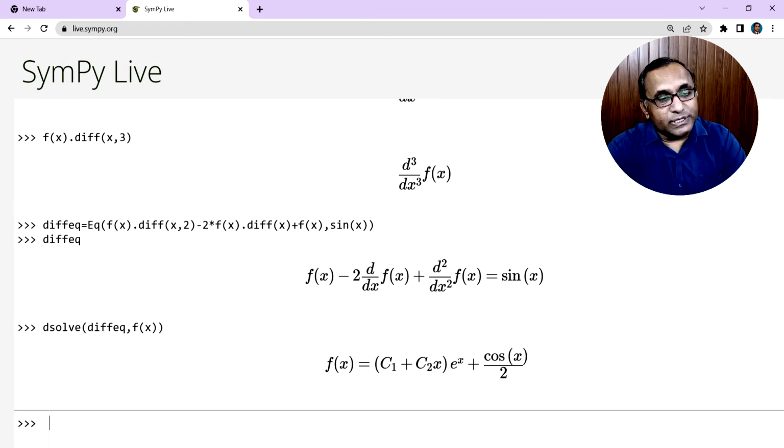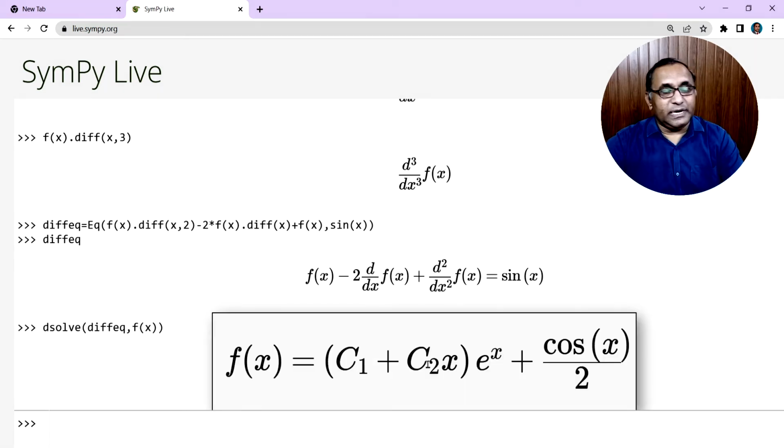Yes, so this is the solution of the above differential equation, and it is quite simple to solve the differential equation. Any kind of differential equation we can solve by using the dsolve function. Here we are presenting only one example.